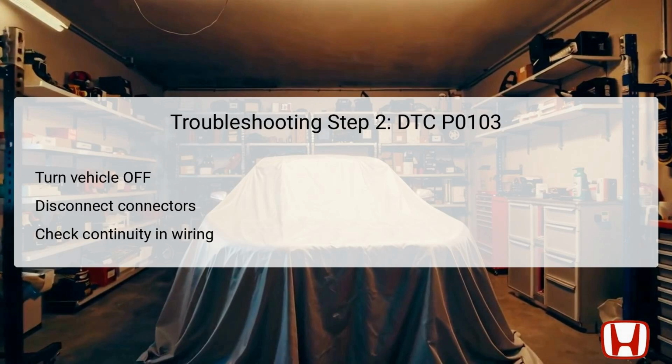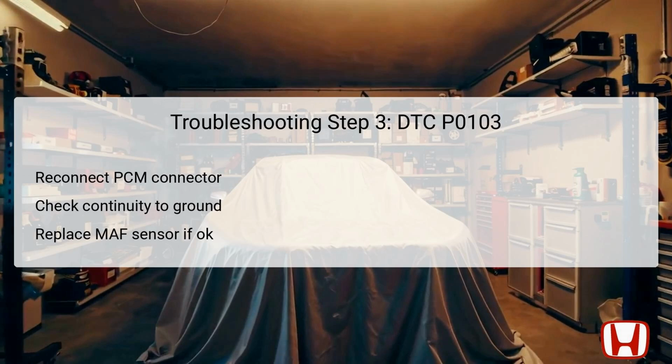If continuity is present, it indicates that the VGM wire is intact, and you can progress to the next step. Conversely, if there is no continuity, it implies that an open wire in the VGM exists, necessitating repairs before proceeding.